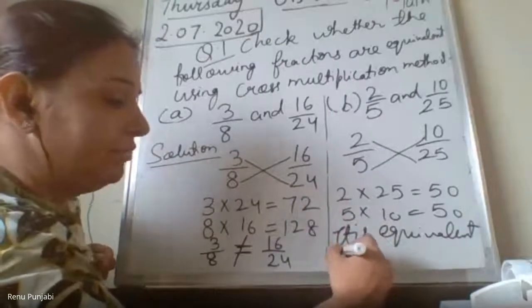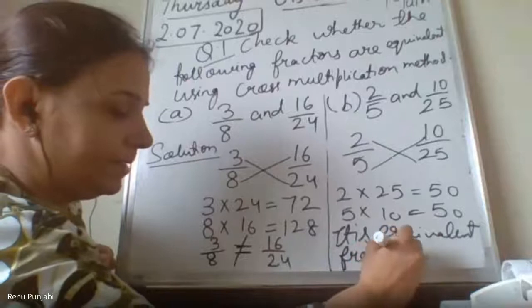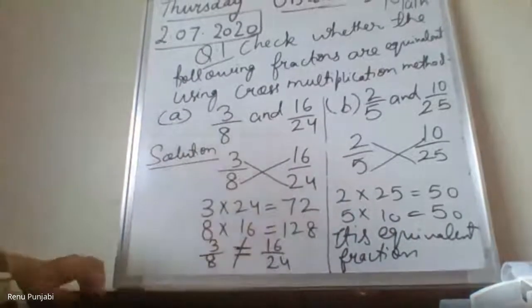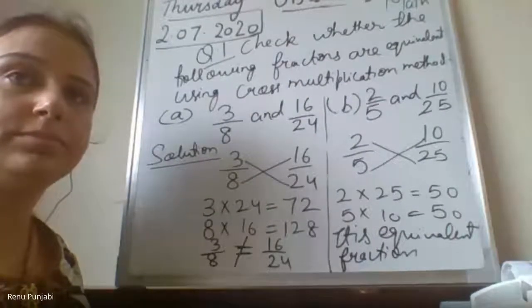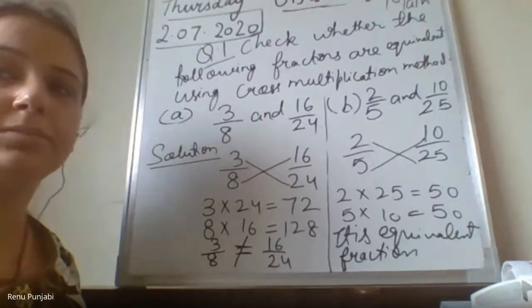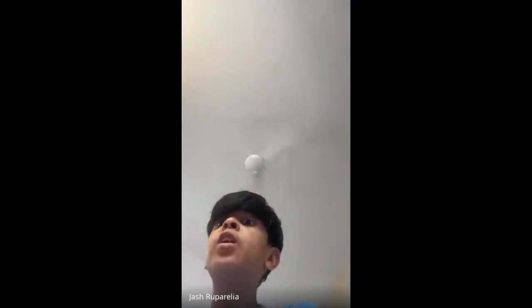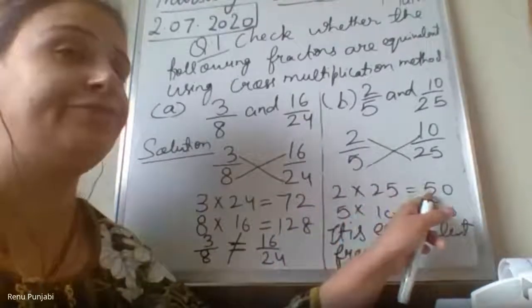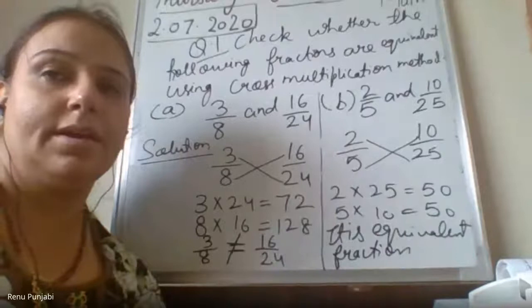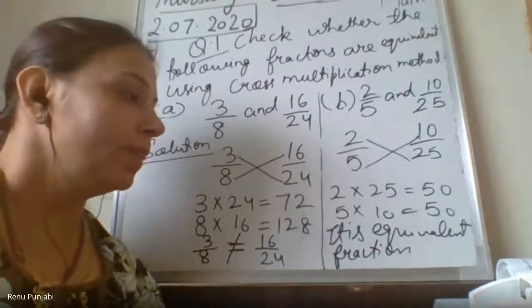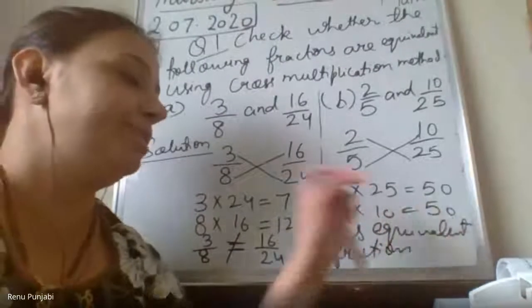It is an equivalent fraction. Very good. Thank you, Nishika. 2 times 25 is what? 50. And 5 times 10 is 50.